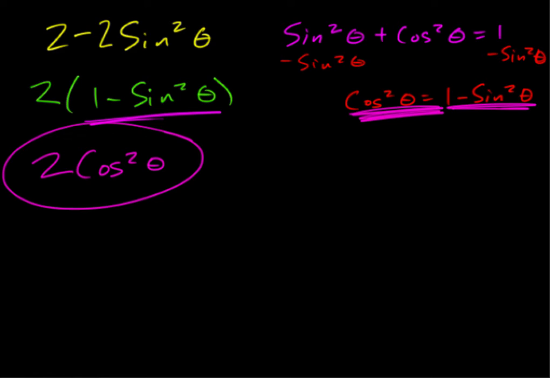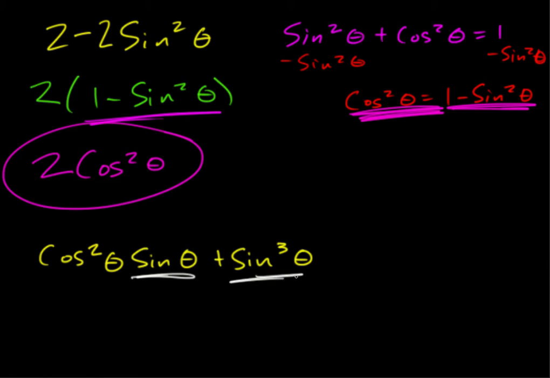Okay. Now the next one is cosine squared theta sine theta plus sine cubed theta. So what these have in common, we have a sine and a sine.